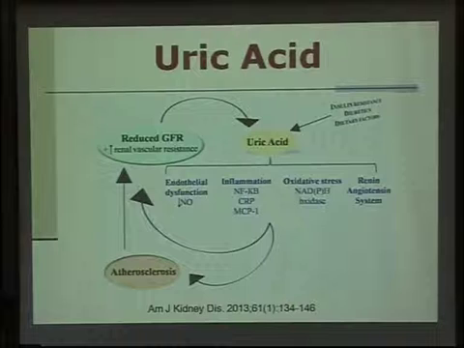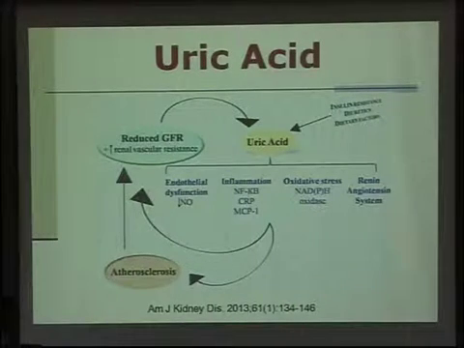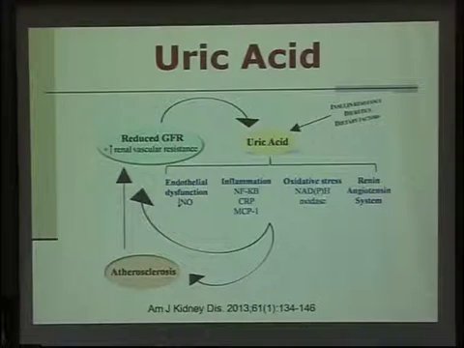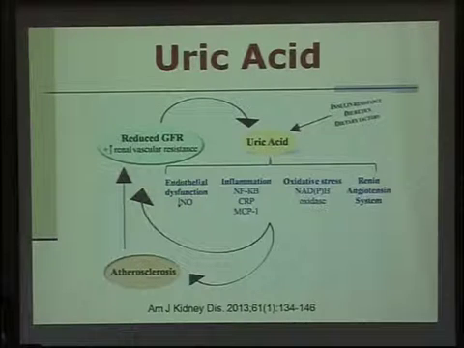Another player that we would like to modify, if we would like to retard the progression, is uric acid. One of the most prestigious professors, Richard Johnson, the editor-in-chief of Kidney International journal, when I met him, is one of those persons who likes very much to treat uric acid, who always prescribes hypouricemic therapy to his patients.